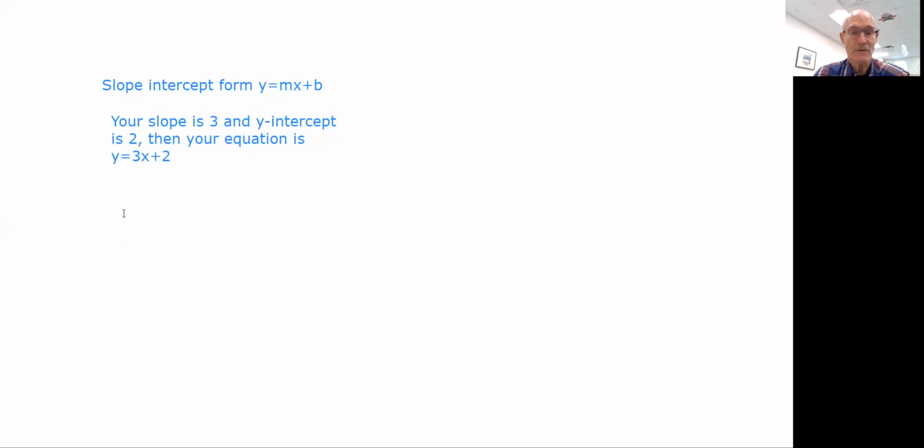The second type of problem is where you have the point slope problem. And in this case, your equation is y minus y1, that's a subscript, equals your slope times x minus x1 subscript.